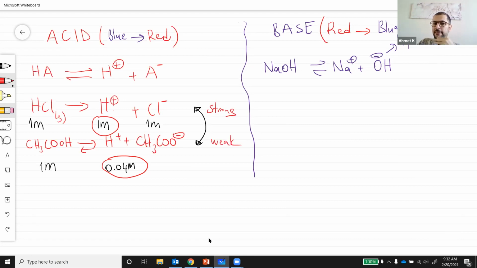Make sense? And you might be asking what makes this weak. Again, this is an organic chemistry topic, but it's because acetic acid is not happy without that hydrogen. Whenever you give up the H pluses, imagine, I know this is not a good example, you have a girlfriend or boyfriend, or you're married, and you are doing a separation.